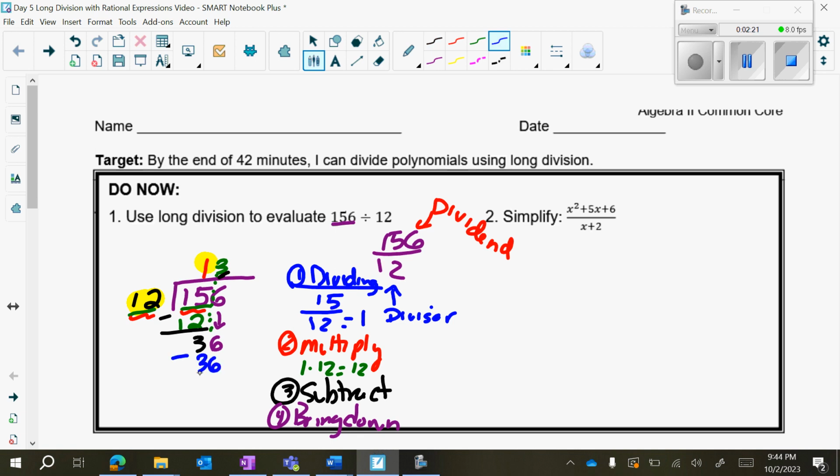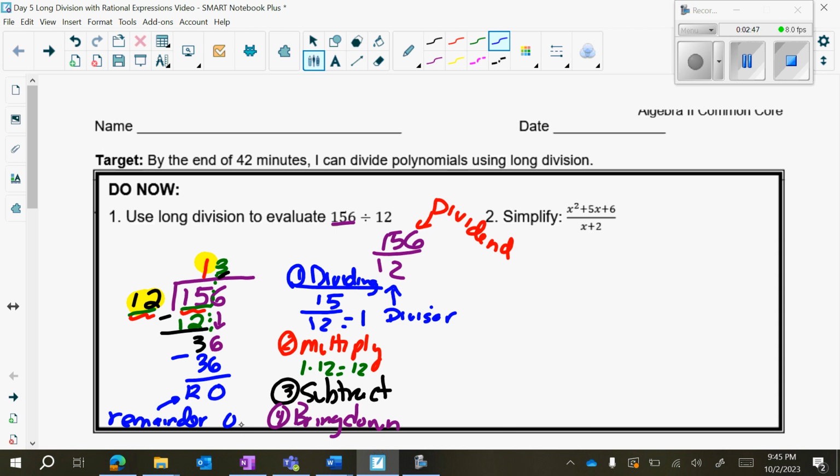And then we would subtract, and we get 0. And remember what we would do here? We would write an R, and that R is called the remainder. So the remainder of 0 indicates that 12 goes into 156 pretty nicely, and specifically 12 is a factor of 156 and 13 is a factor of 156 because they both go in nicely into that 156.